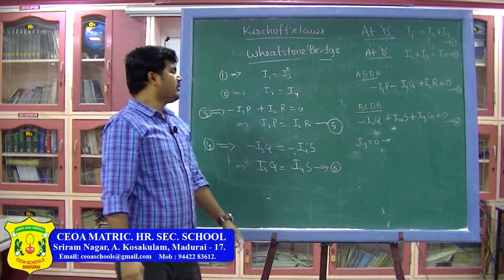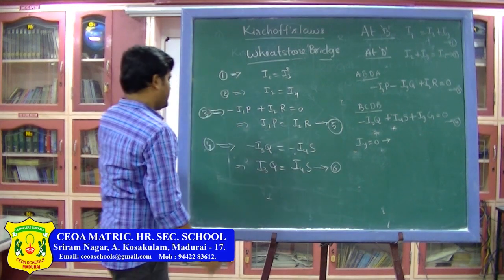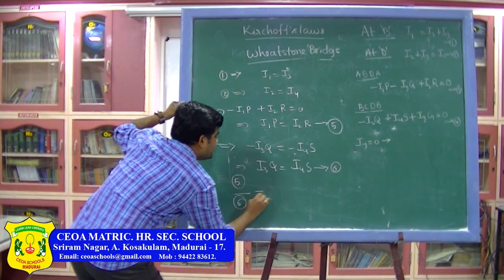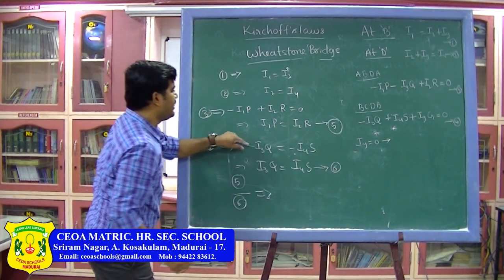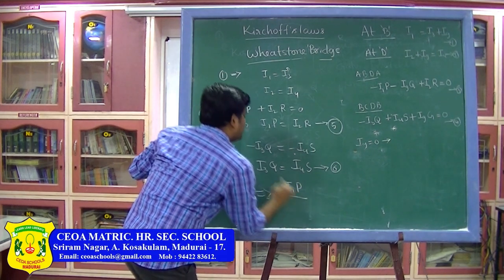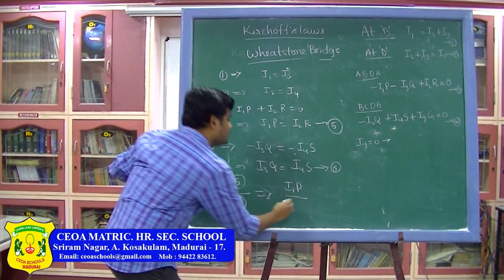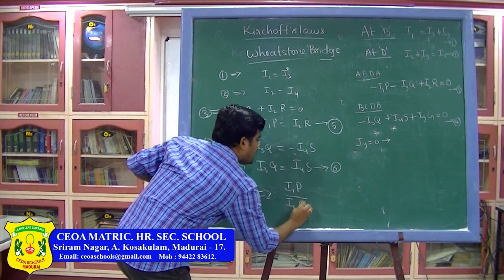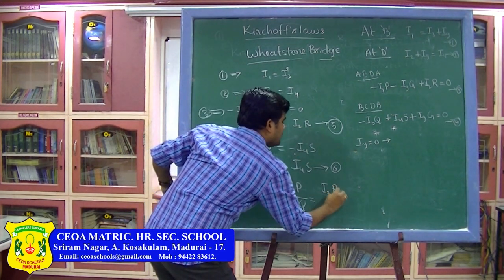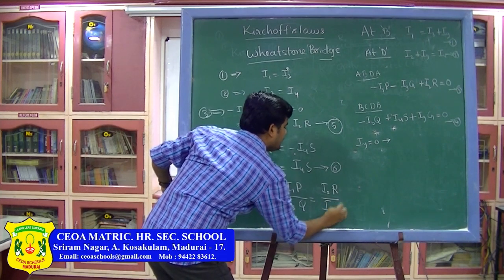Now, dividing equation 5 by equation 6. The LHS of equation 5 is I1P, and the LHS of equation 6 is I3Q, that is equal to the RHS I2R divided by I4S.